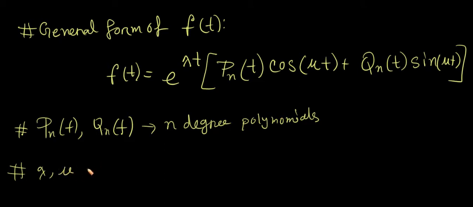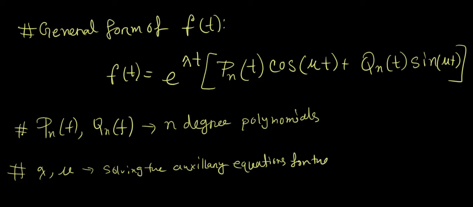Lambda and mu come from solving the auxiliary equation that you saw in the earlier lectures. So they come from solving the auxiliary equation for the homogeneous part.